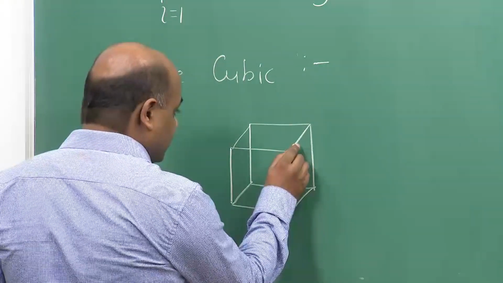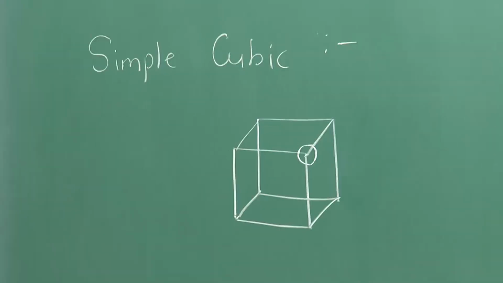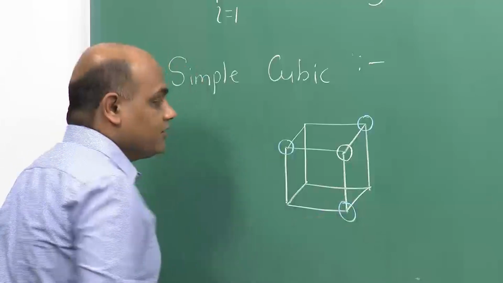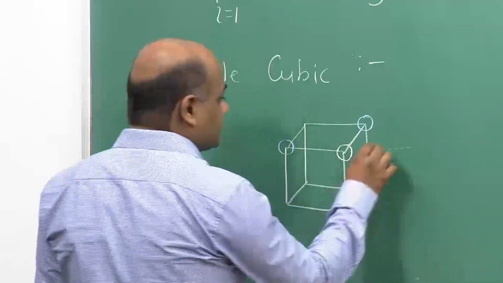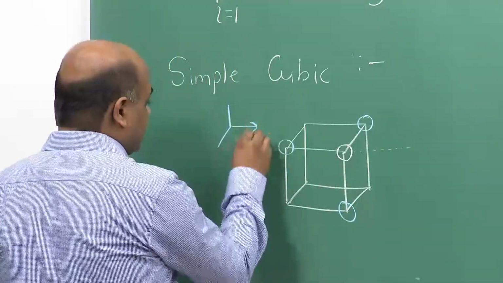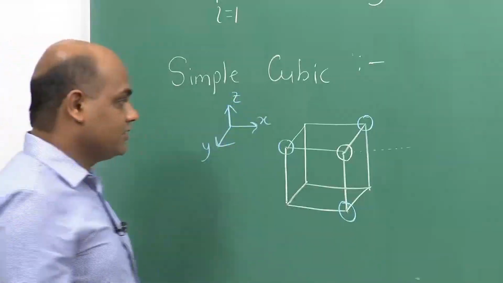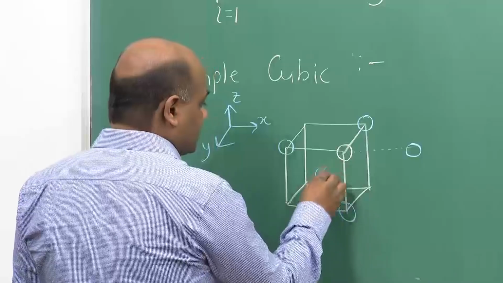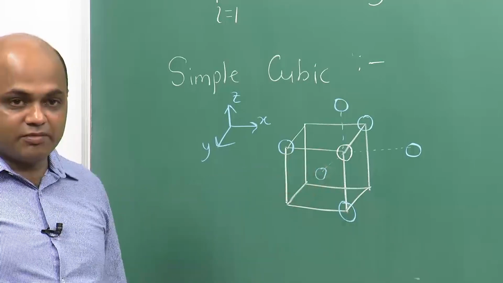If we consider this particular atom at one of the corners, we can show the 6 nearest neighbors. 3 of them are in this lattice itself, and 3 more: let us call this plus x direction, with x, y, z as shown, in plus x direction into the next lattice, 1 on this side and 1 in the z direction. So, there are 6 neighbors.